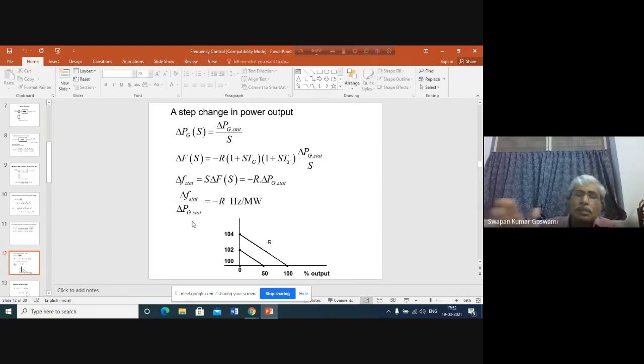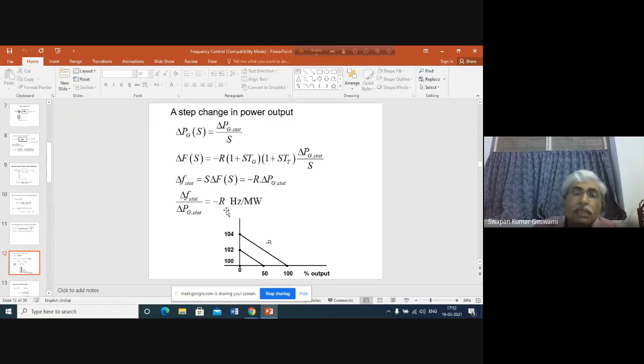When the generator is fully loaded, and previously it was loaded at zero, the change in output is 100%. For 100% change in power generation, the percentage change in frequency is represented by R.